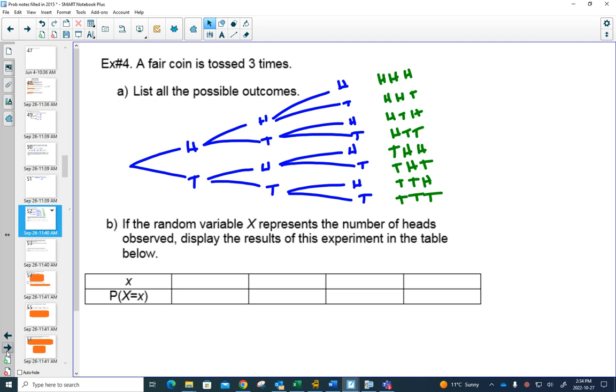So if you toss a coin 3 times, you can make a tree diagram for that. And then I want you to fill out the probability distribution chart.